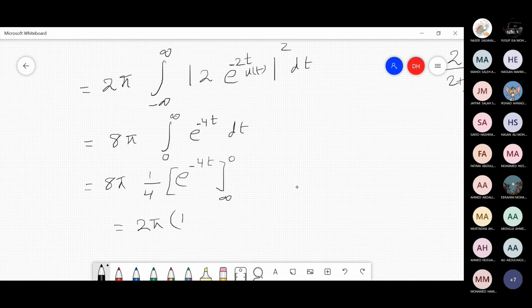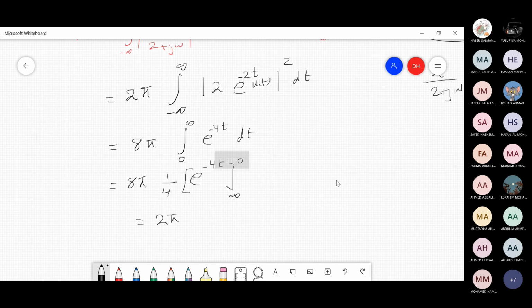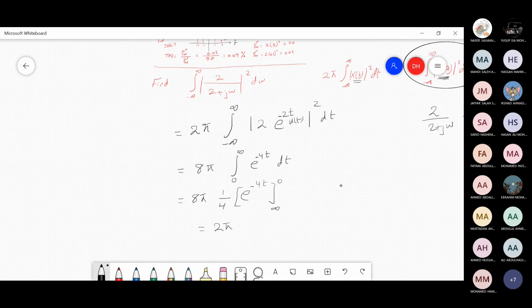At infinity it is equal to 0, so multiplied by 1, sorry. So then this is equal to 2 pi. So the integration of this one, by using Parseval's theorem, we got rid of the imaginary and others, so we get 2 pi.